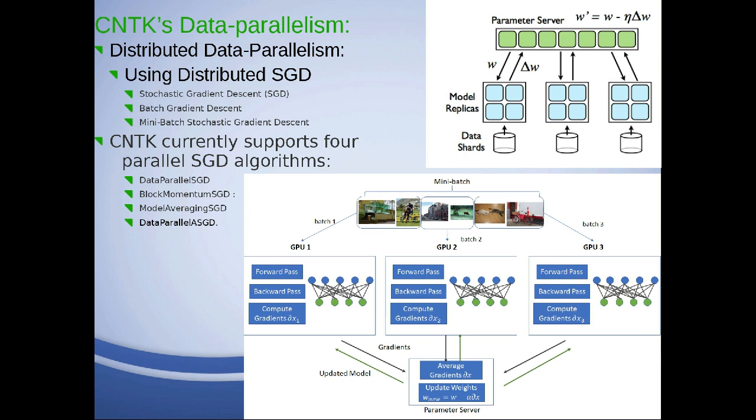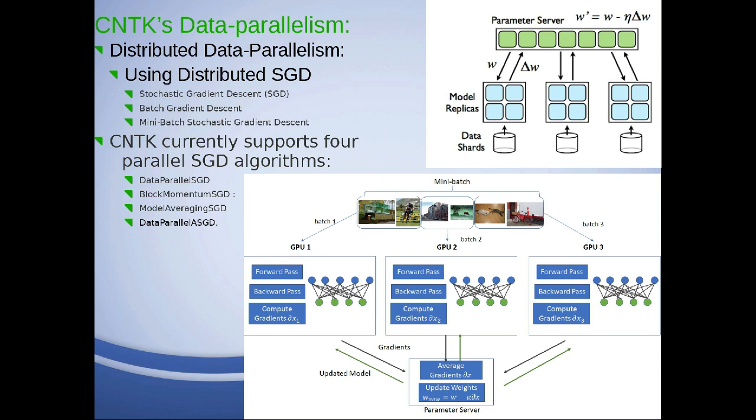Block momentum divides the full data set into n non-overlapping blocks, and each block is partitioned into n non-overlapping splits. During training, an unprocessed block is randomly taken by the trainer, and the n partitions of this block are dispatched on the workers. 3. Model averaging SGD algorithm is an implementation of the model averaging algorithm without the use of natural gradient.